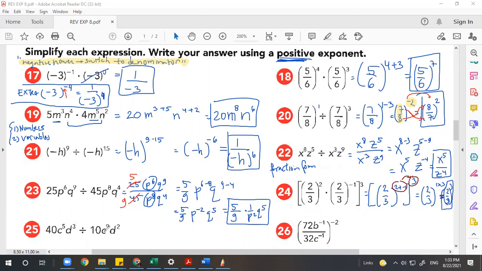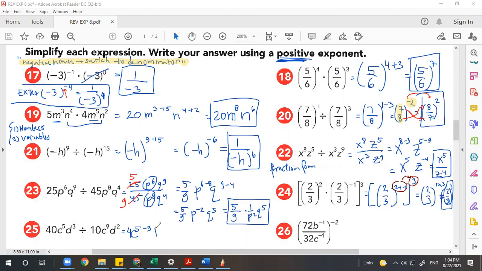40 divided by 10. I think we can just do the 40 divided by 10 easily. So what is 40 divided by 10? 4, is it? And then C, what is C? 5 subtract 9. So forget about the fraction, because the fraction only helps you to visualize easily, but this is still the easiest part.